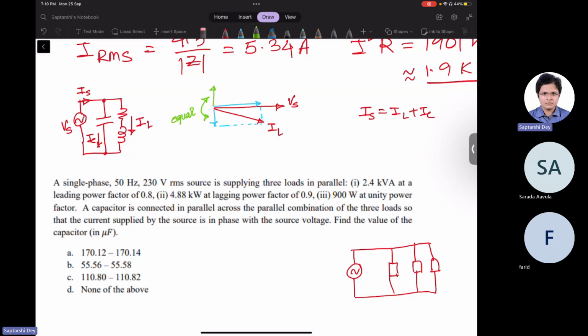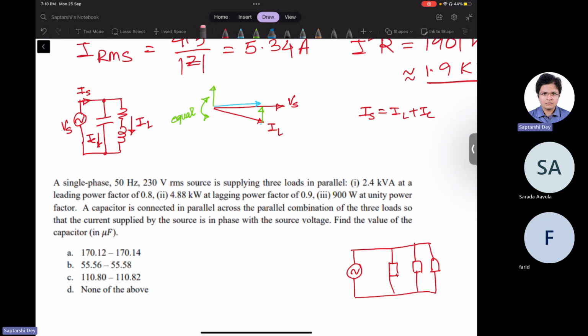Then if you do the vector addition of the currents IL and IC, what you get is... wait, IL was this red vector, sorry. IL was this red vector plus IC. So at the end, what you get is the blue vector.